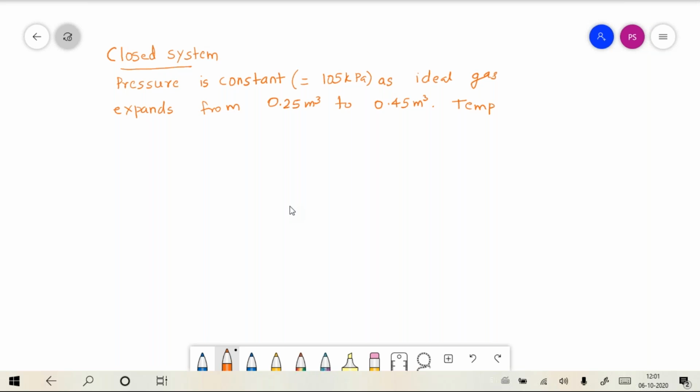Let us say the process is from 1 to 2, an expansion process, where V1 is equal to 0.25 and V2 is equal to 0.45, and the pressure P1 is equal to P2, equal to 105 kilopascals.